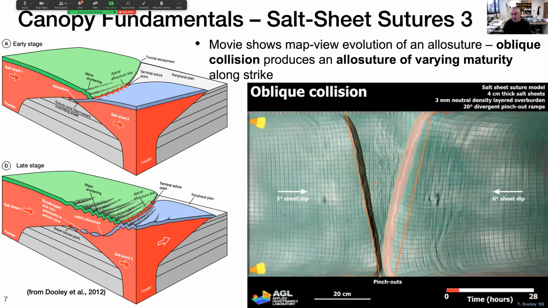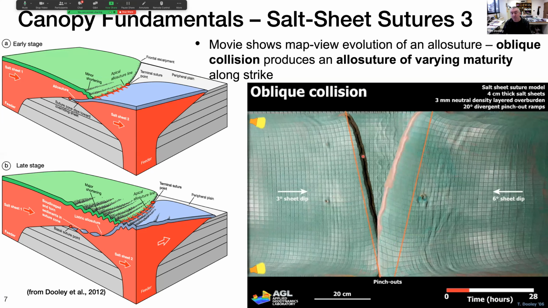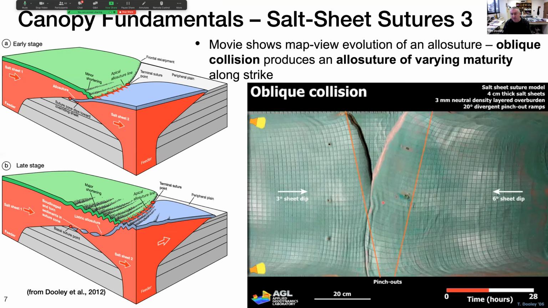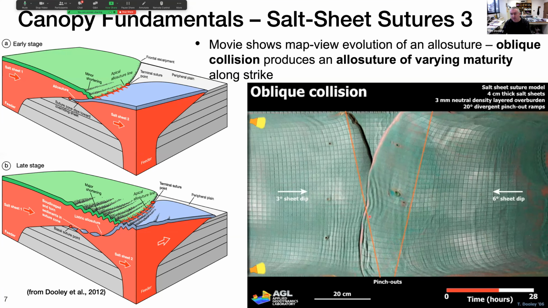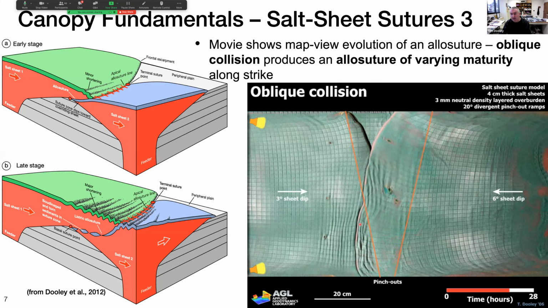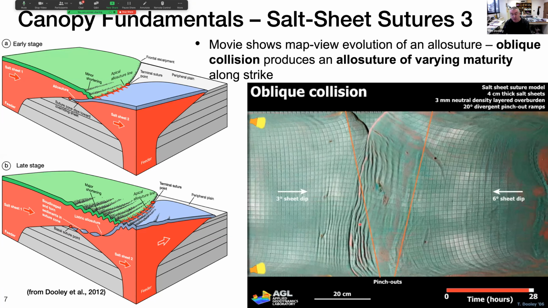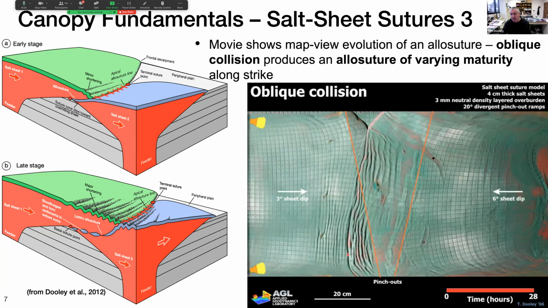And here is a physical model showing an allo suture, and it was angled so that we would have a suture with more maturity and override in the south here, and some areas that haven't sutured up here.